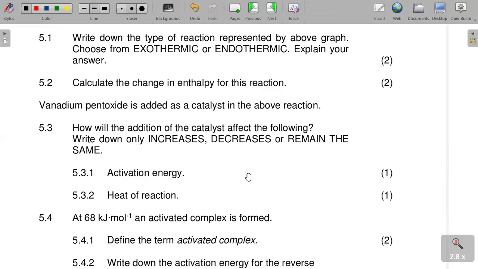We know that the catalyst decreases the activation energy. So the activation energy decreases.